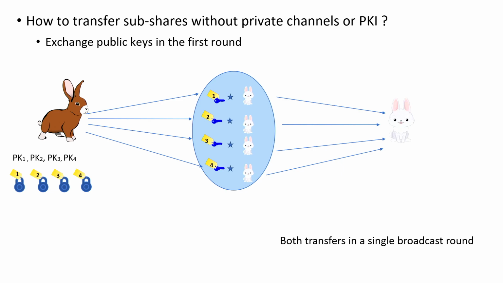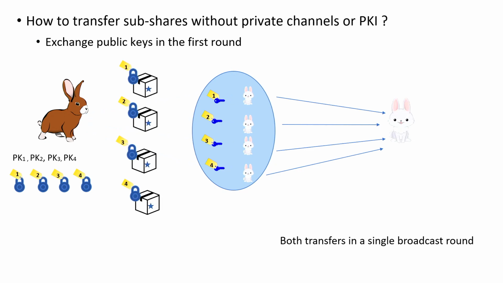And now what she can do is encrypt each share using the keys of the intermediaries. Namely, for the first intermediary, she will encrypt the first share using the public key of the first intermediary, and so on and so forth. And she will prepare all these boxes, right? And she will broadcast all these boxes in the broadcast round.